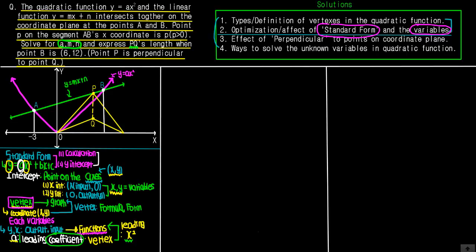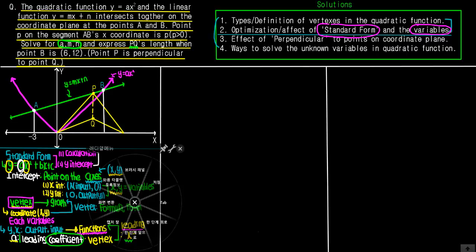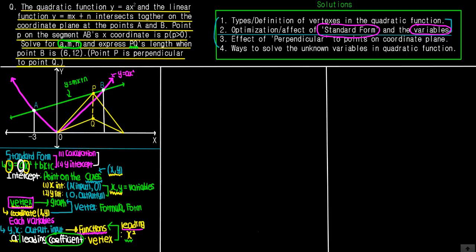The coefficient is the constant beside the variable, so the leading term's coefficient is called the leading coefficient. And the reason why it's important is that it defines the vertex of our quadratic function, and we can talk about it specifically later.